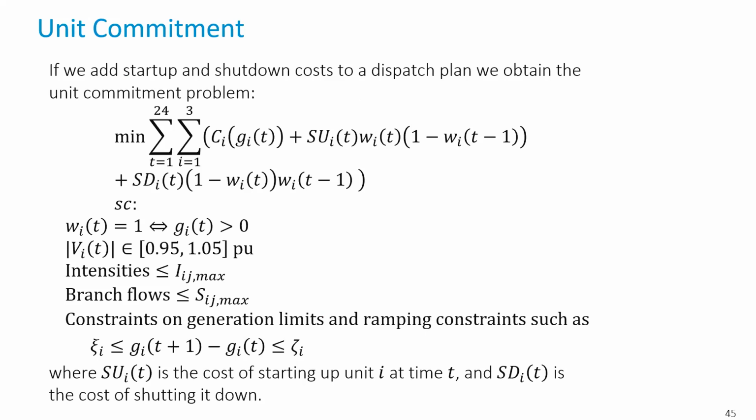If we do unit commitment, if we add ramping constraints, and also the decision whether we switch on or not a given generator, then we no longer have a convex problem, not a linear problem, of course, because we have binary variables. Here, the binary variables are the WI, where I say whether a certain device is on or off.